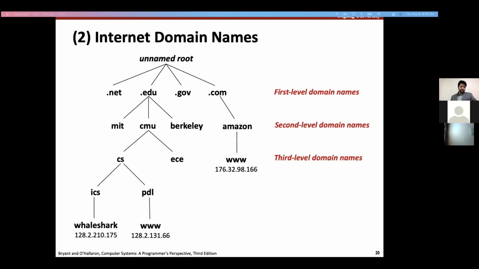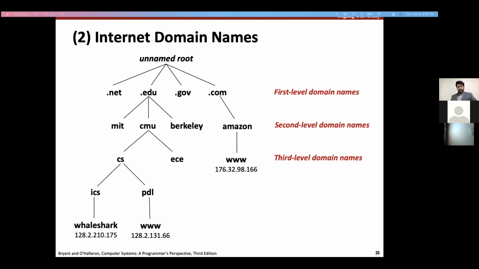And I guess in South Korea it's like ac dot kr. At the next level, there are second level domain names such as dot edu, like Sogang dot ac, which are assigned on a first come first served basis by various authorized agents of this ICANN organization.